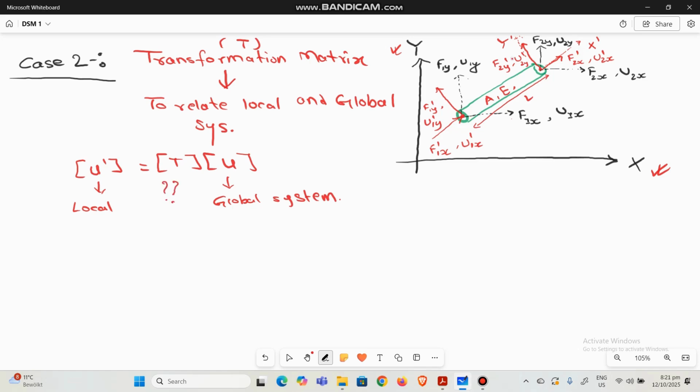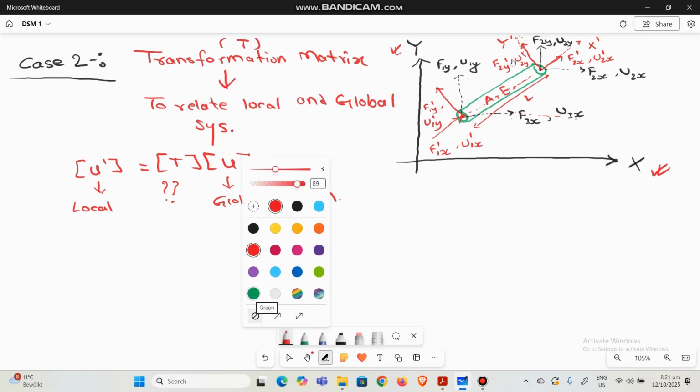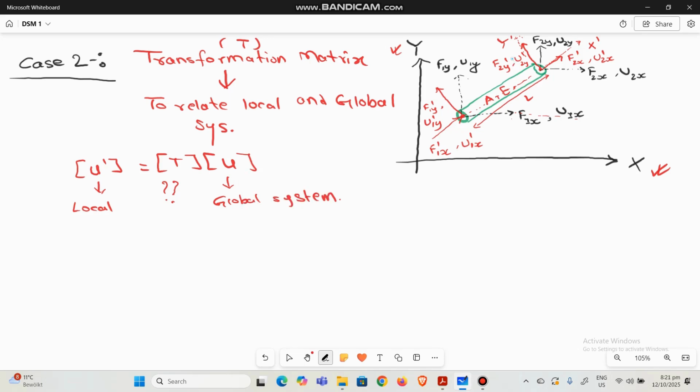Then how to find this transformation matrix? Simply, let's say this is the center of this bar, and this bar is making an angle in an anti-clockwise direction with the global x-axis, and the angle is theta.